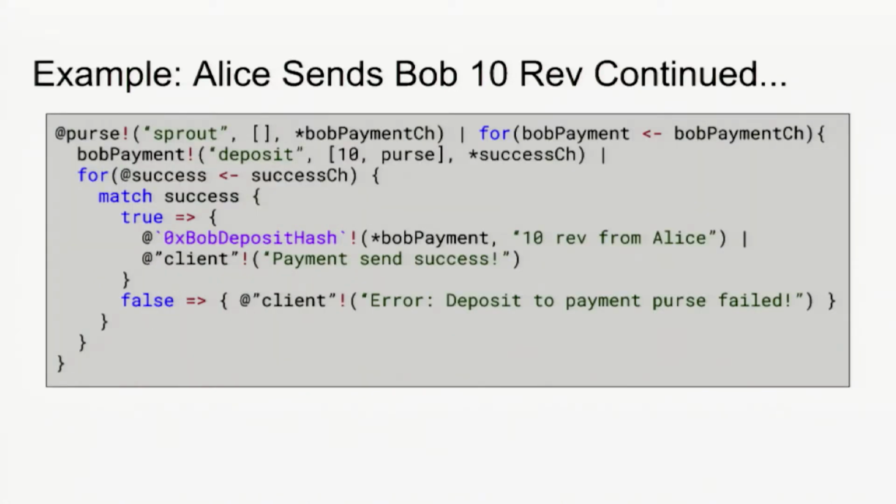So this would be inside of that block. We create a new empty purse, we deposit 10 rev in that purse, and we give the entire thing over to Bob. And then presumably he's going to immediately empty it. So I guess you could write code that did nefarious things, that took that purse and gave it to Bob and Fred and George.